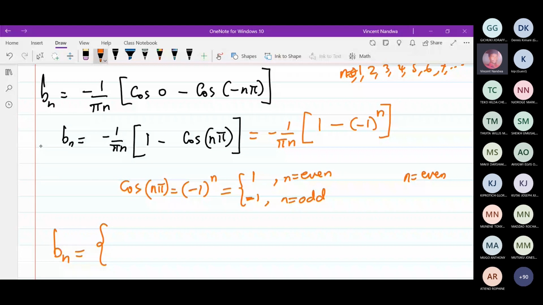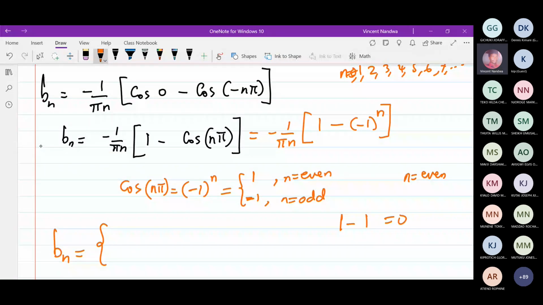It will give us 0 because we'll have 1 minus 1, which is 0, because the value of -1 power n will give us +1. So 0 times this quantity is 0. So this will be 0 when n is even.